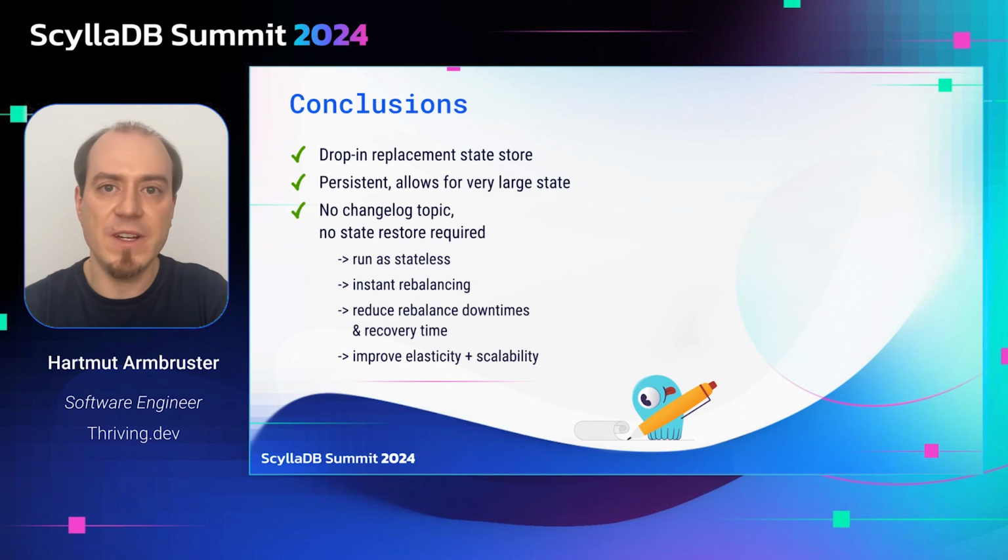Where you might have taken hours for a state restore before, it can now be done with a 100 millisecond rebalance. And this greatly improves elasticity and scalability, since you can also just scale up or down your application instantly.